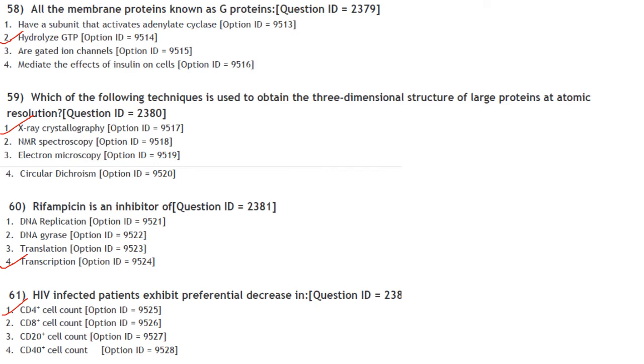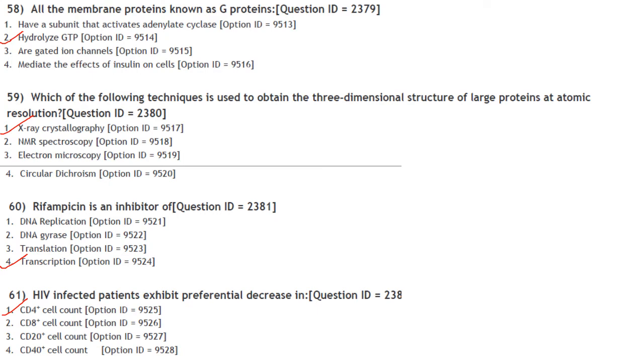Then next one. All the membrane proteins known as G proteins have a subunit that activates adenylate cyclase, hydrolyzes GTP. Yes, that is more correct. Because all the G proteins hydrolyze GTP. That is correct.